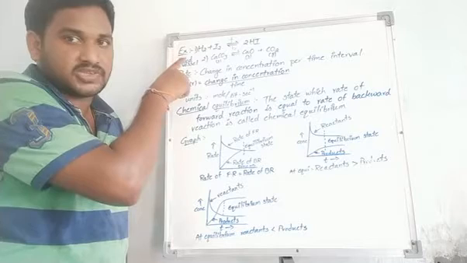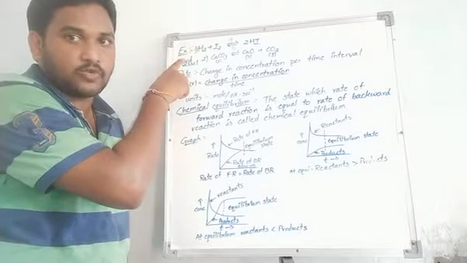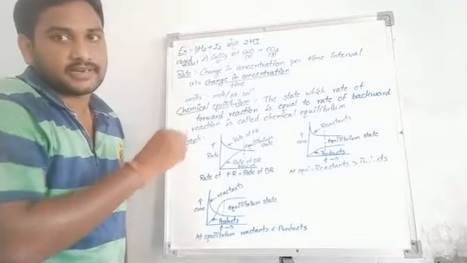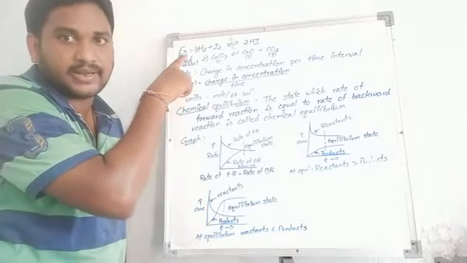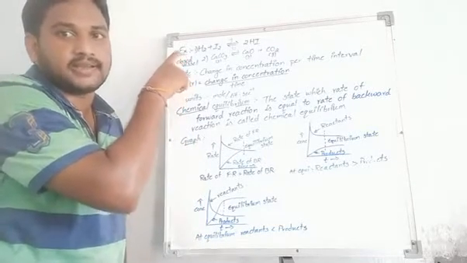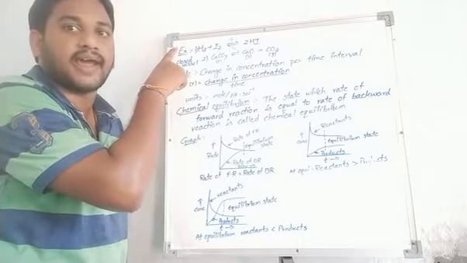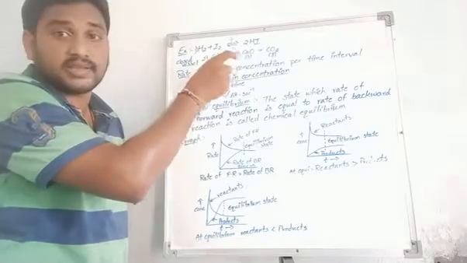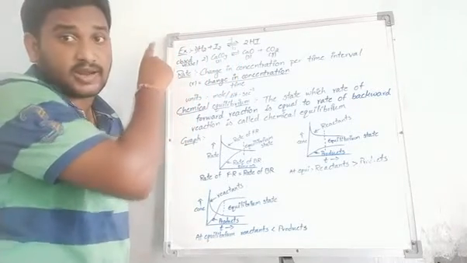Decomposition of calcium carbonate in a closed vessel is an example of a reversible reaction. If you take an open vessel, it is an irreversible reaction. Students, why is the closed vessel an example of a reversible reaction?